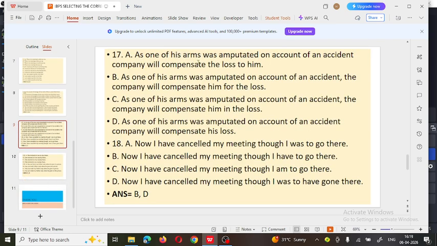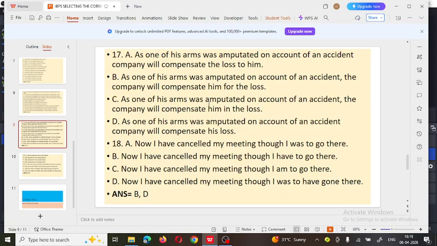Next one. As one of his arm was amputated on account of an accident, company will compensate the loss to him. As one of his arms are amputated on account of an accident, the company will compensate him for the loss.